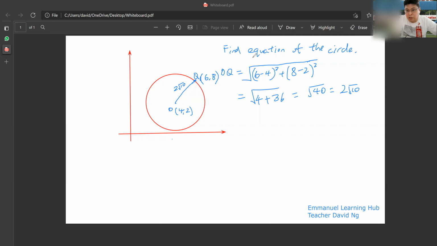But the question is asking for the equation of this circle, right? Since now I have the radius and I have the center, I can find the equation of this circle.